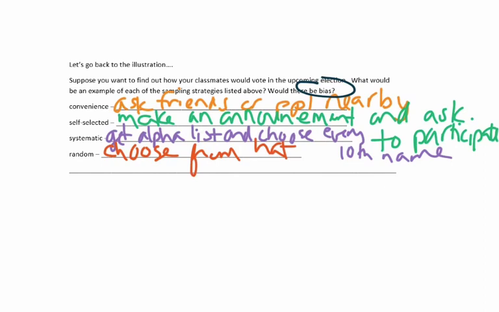If you were going to poll the soccer team about their favorite flavor of cake, probably not too biased because there's not really any relationship between whether someone plays soccer and what their favorite flavor of cake is. But if you were doing people on the soccer team and their opinion of physical education, now you can see where that might be biased. So you want to be aware of that.